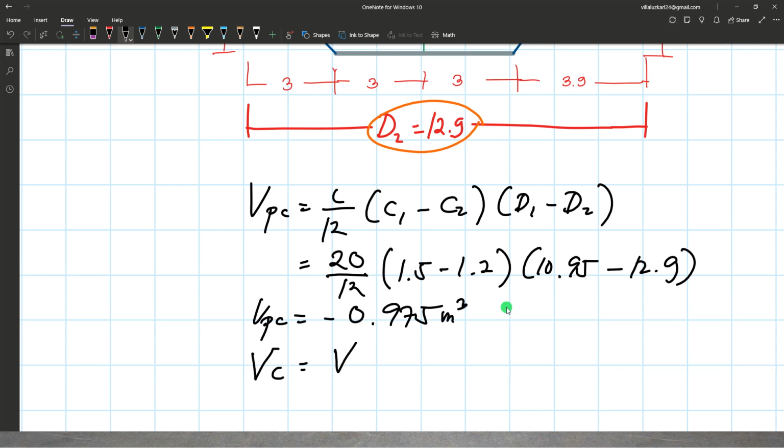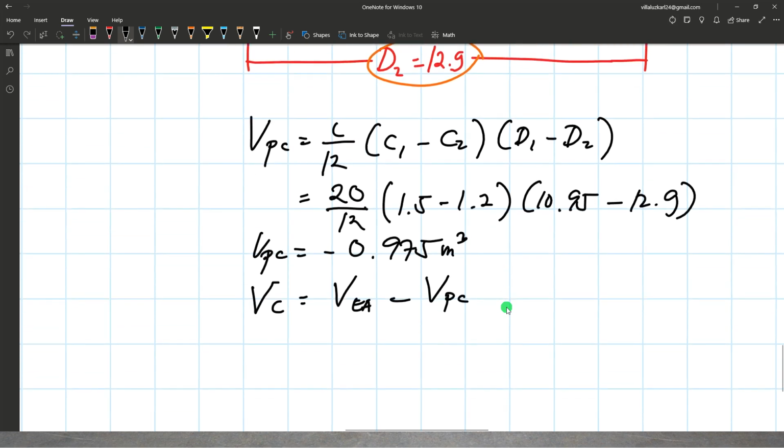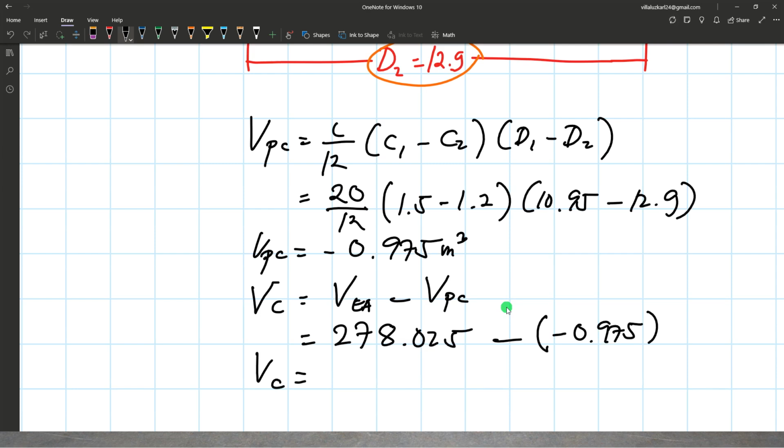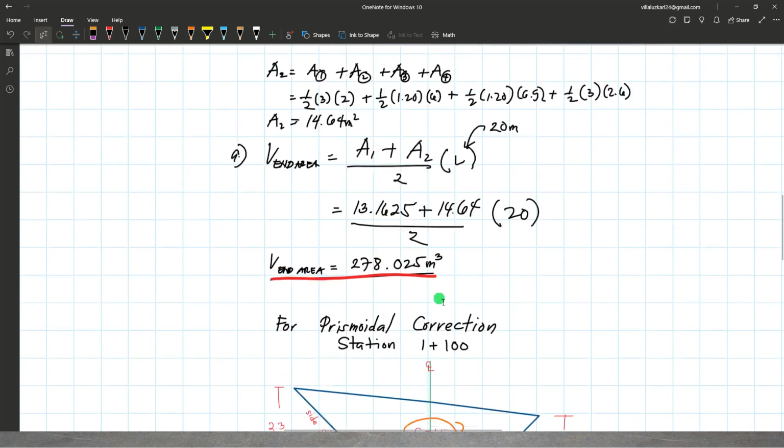So the corrected volume is equal to the end area volume subtracted by the prismoidal correction. To apply that, we have 278.025, which is computed earlier, minus negative 0.975. So the corrected volume is equal to 279 cubic meters. Okay, it's 279 cubic meters. Next.